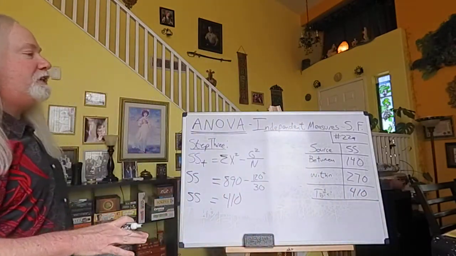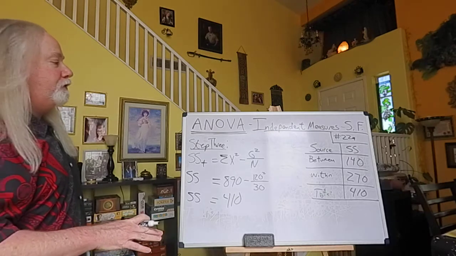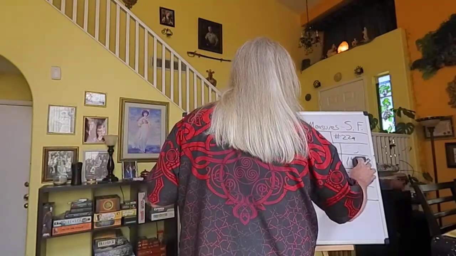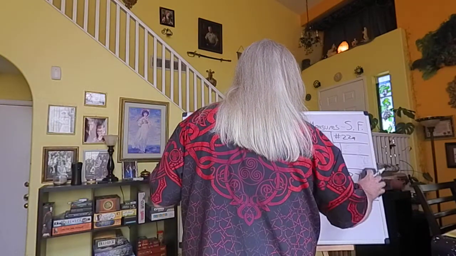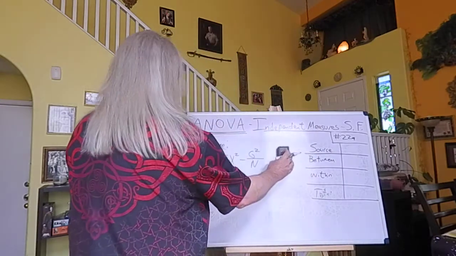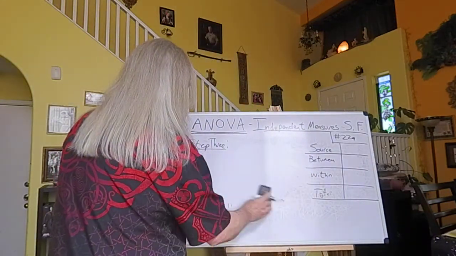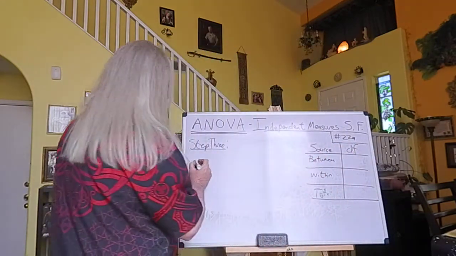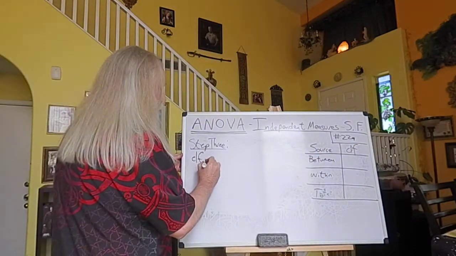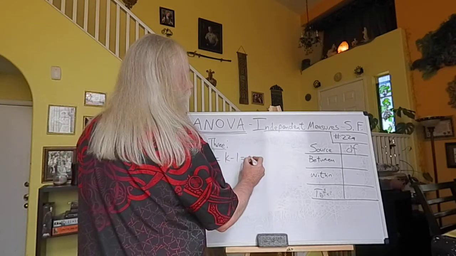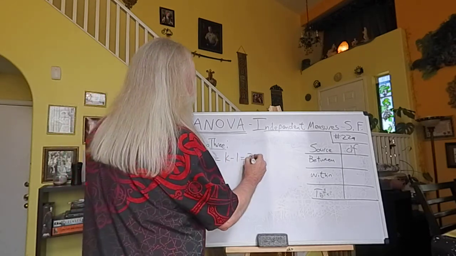First row of calculations done. So let's carry on to our degrees of freedom. Our degrees of freedom between treatments is k minus 1, and k we know is 3.